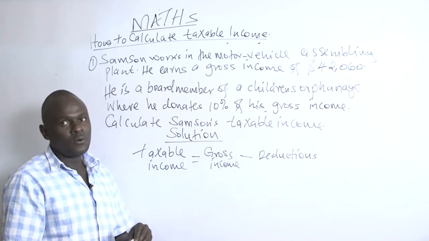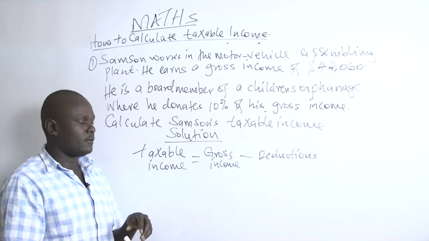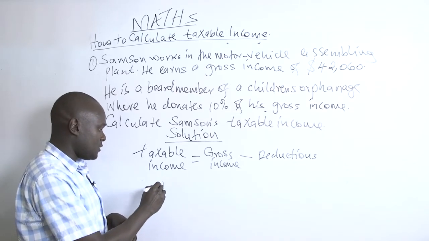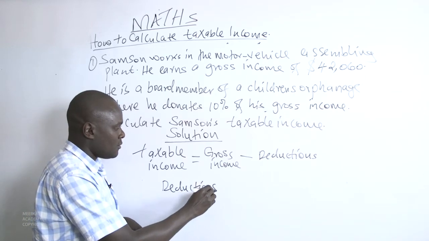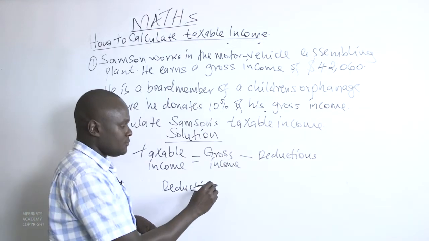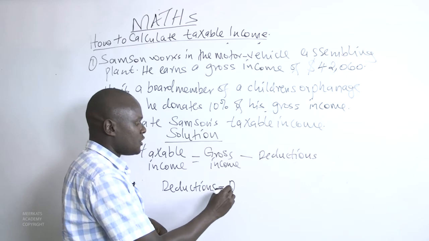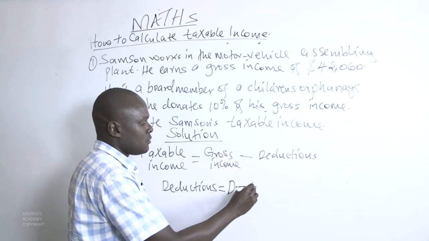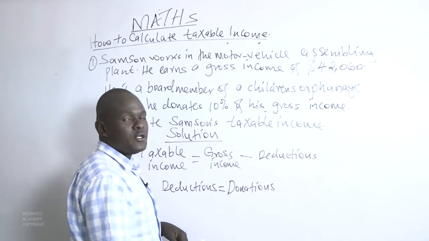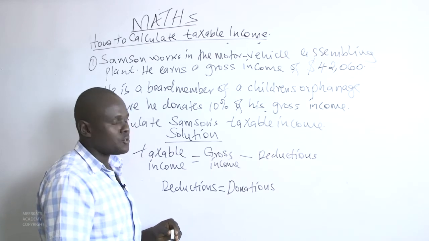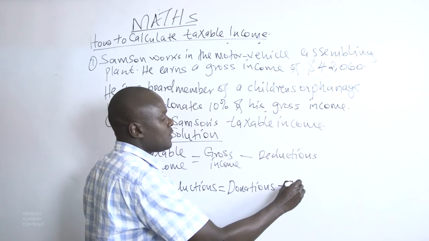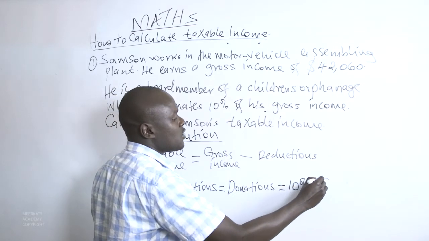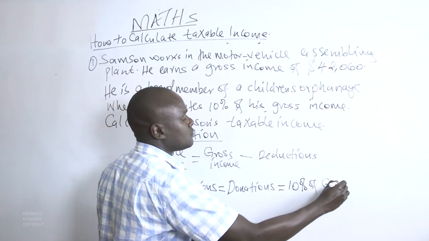Do we have deductions? Yes. What type of deductions do we have? We need to get these deductions. These deductions are basically donations to a children's orphanage, and these donations, we are told, are 10% of the gross income.